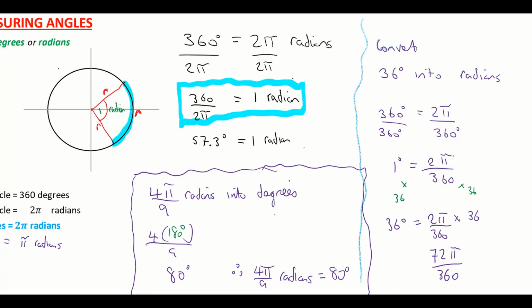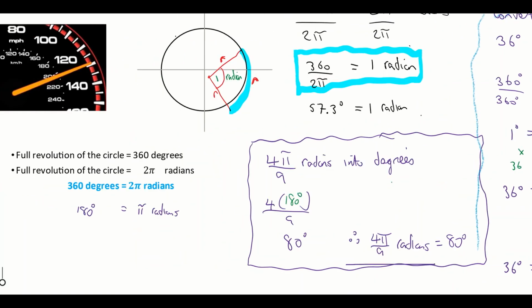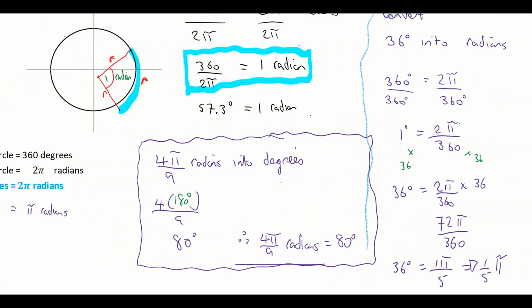You can simplify your fraction, your 72 over 360, and that will simplify down to 1/5. So 36 degrees is the same as 1 pi over 5, or if we separate out our fraction, you can call it 1 over 5 times pi. So that's converting between degrees and radians.